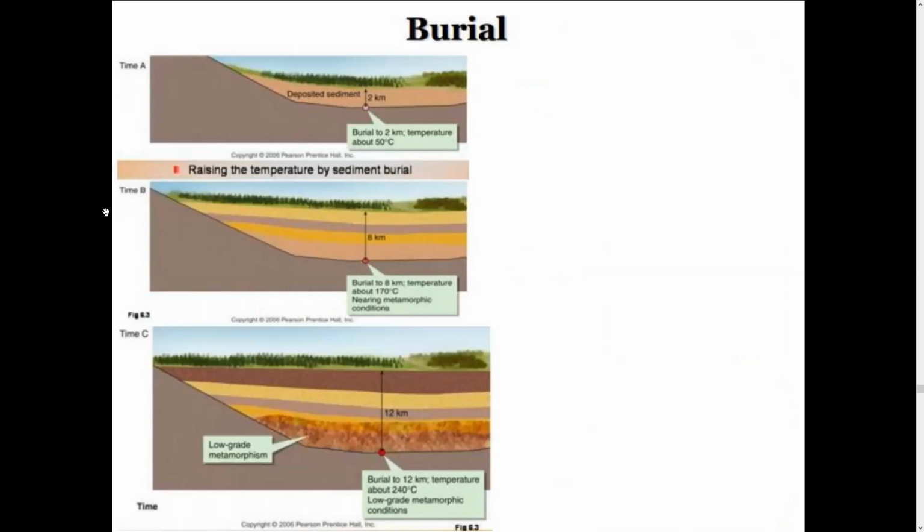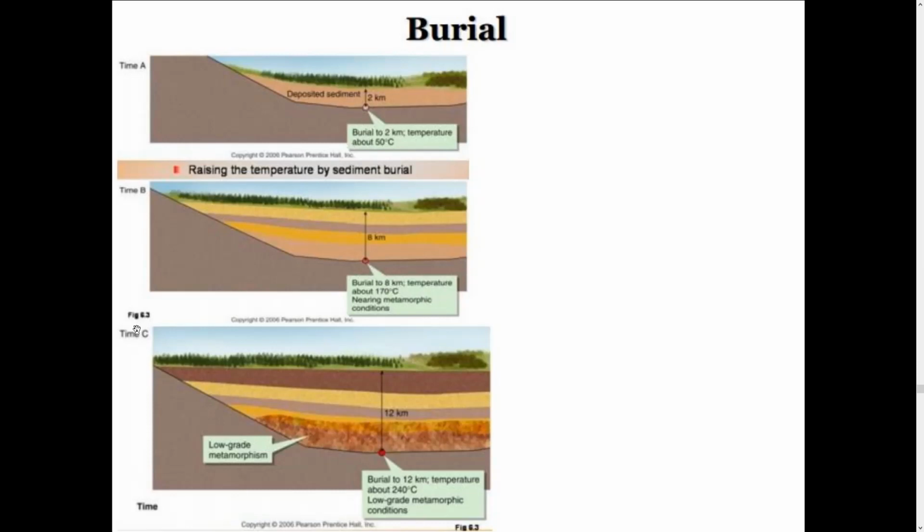Then later on, after so many times, the amount of sediments that have been deposited have increased even more, from a thickness of 2 kilometers to as thick as 8 kilometers. So it would now mean anything that is below here would now be subject to a much more intense amount of temperature. So is pressure.